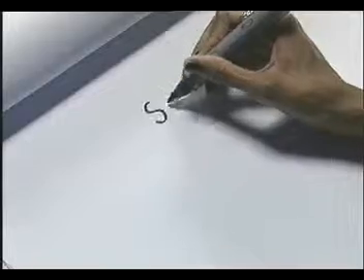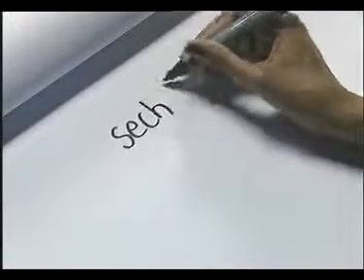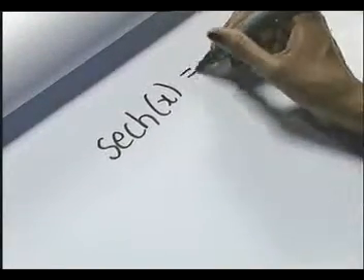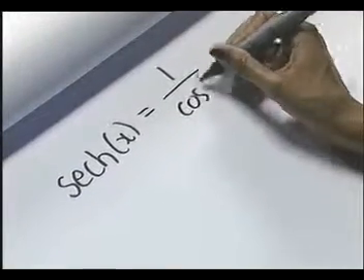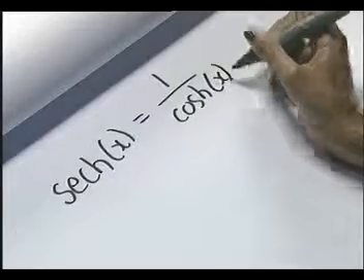Now, some other functions you might come across are the reciprocal functions. Now, these are sech x, which is defined to be 1 over cosh of x. And there are two more of these.